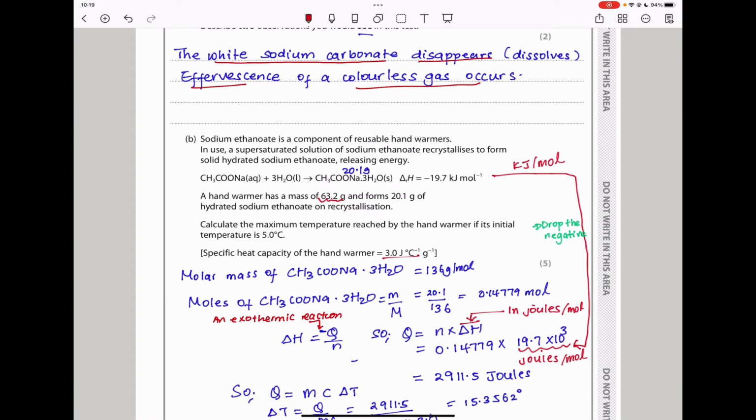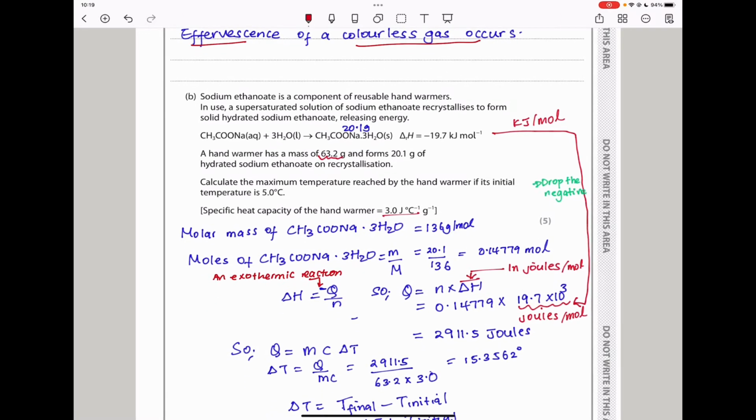Here they say sodium ethanoate is a component of reusable hand warmers. In use, a supersaturated solution of sodium ethanoate recrystallizes to form solid hydrated sodium ethanoate, releasing energy. So here they've given us the reaction between sodium ethanoate and water producing this hydrated salt.